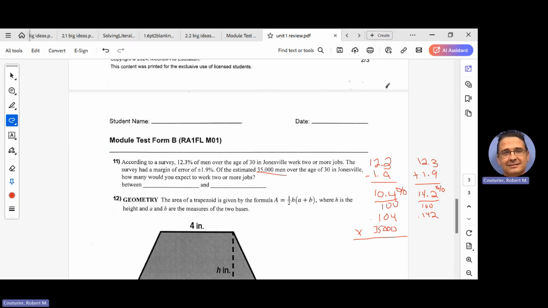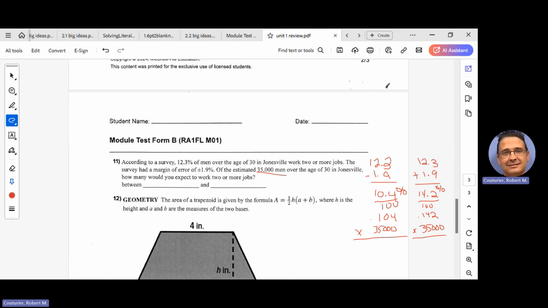And this is all setup and calculator. And be careful if it asks you about rounding or anything, okay? So these are people. We should have nice whole numbers, but let's test it. 0.104 times 35,000. Oh, they gave us a nice, pretty number.